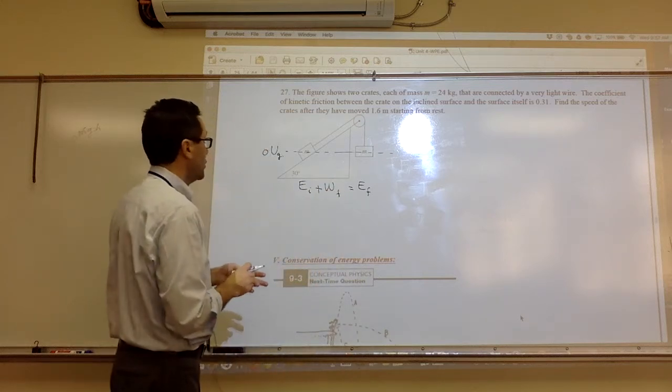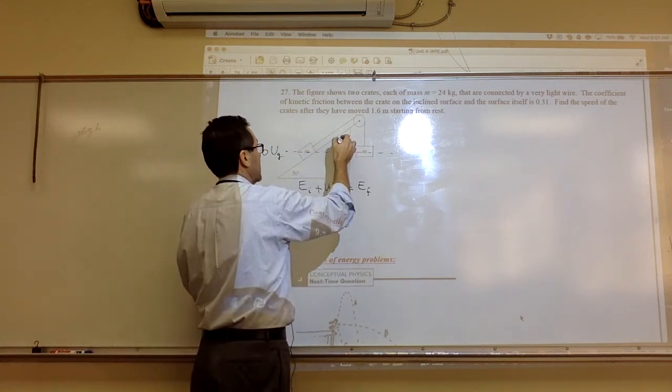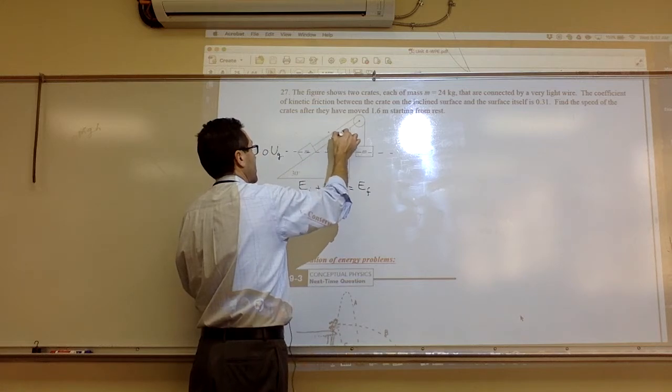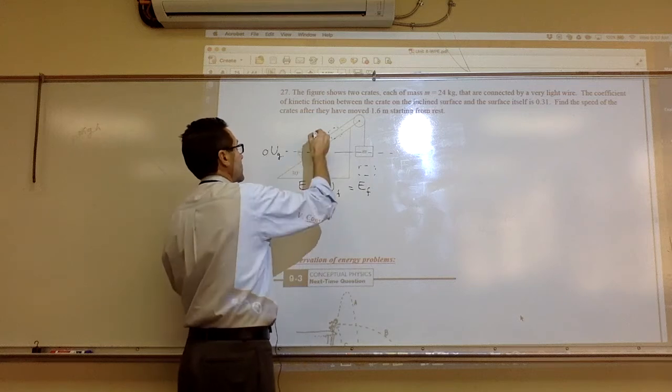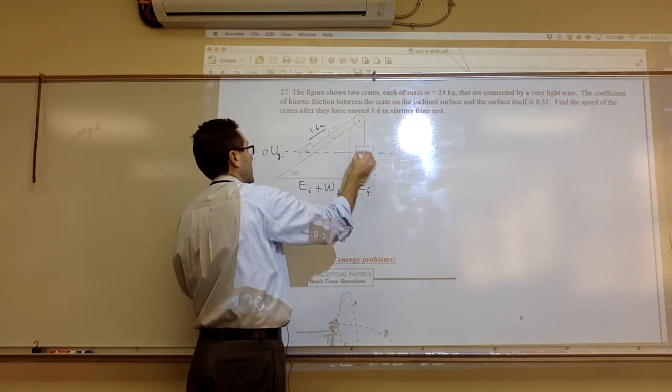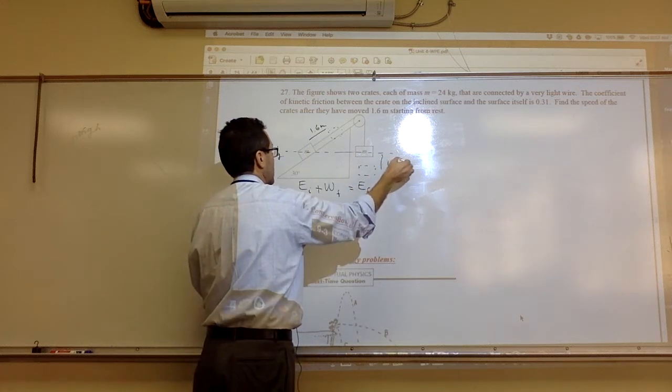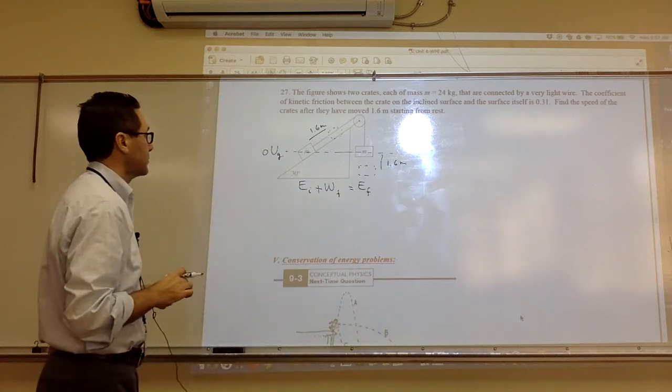Friction is only acting here. So this block is going to move up to here, and this one is going to move down to here, so this one will go 1.6 meters here and this one will go 1.6 meters there.